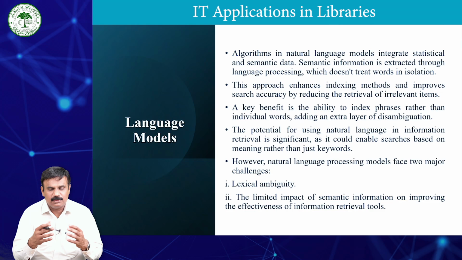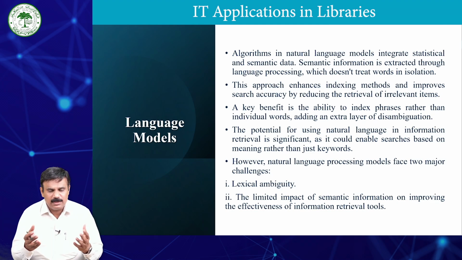The key benefit of this type is its ability to index phrases rather than individual words, adding an extra layer of disambiguation. The potential for using natural language in information retrieval is significant, as it could enable searches based on meaning rather than just keywords.